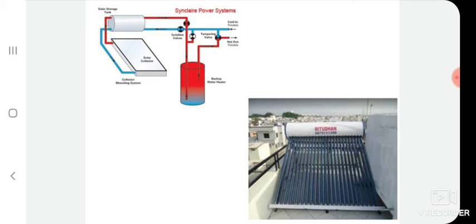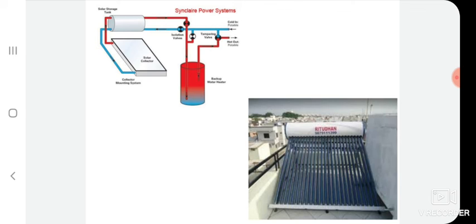It mixes in cold water to decrease the water's temperature before it's delivered to the tap. Batch collectors are incompatible with closed loop circuit systems and are generally not used in cold climates. This is nothing but the batch collectors.